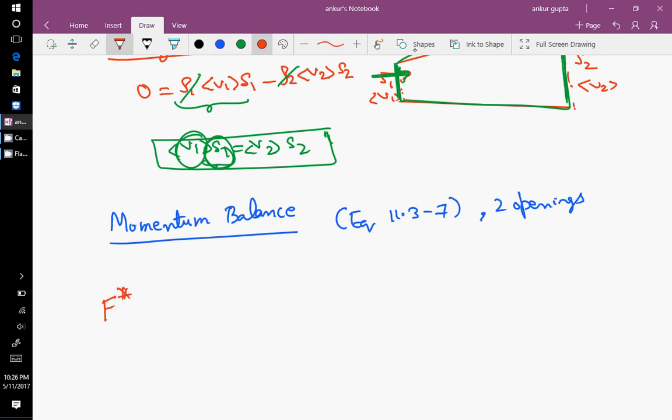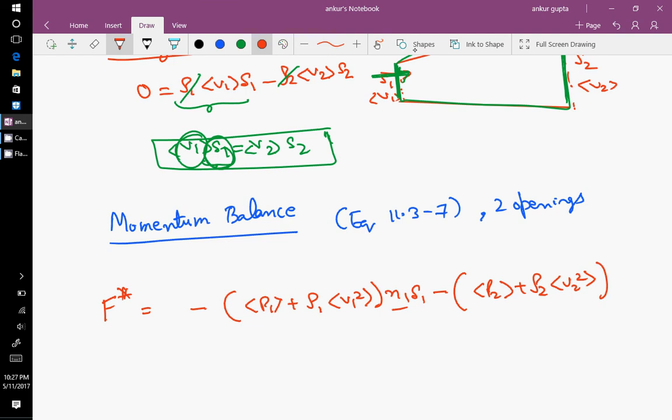the equation F star is equal to minus of (p1 plus rho1 v1 square) n1 S1 minus (p2 plus rho2 v2 square) n2 S2 plus mg, and this is also a vector.